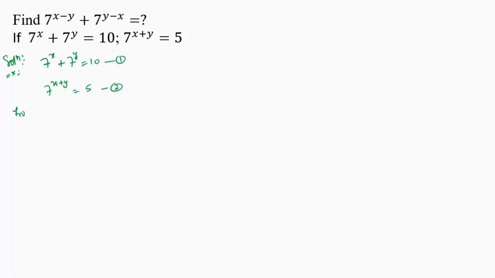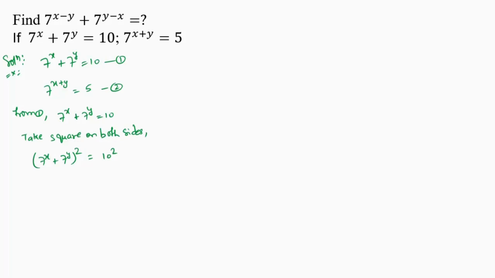So from equation 1 we have 7 raised to power x plus 7 raised to power y equals 10. Take square on both sides, we get (7 raised to power x plus 7 raised to power y) whole square equals 10 raised to power 2.